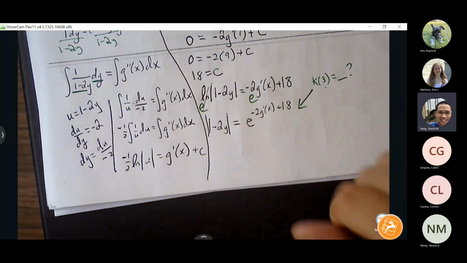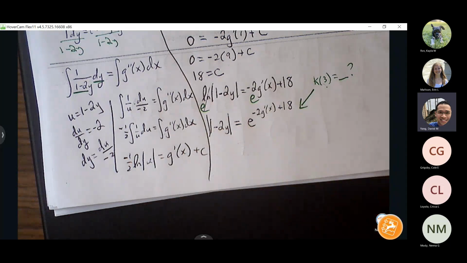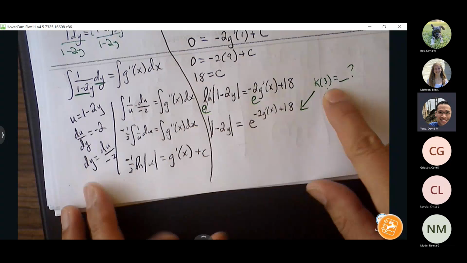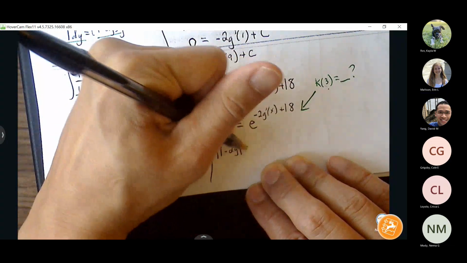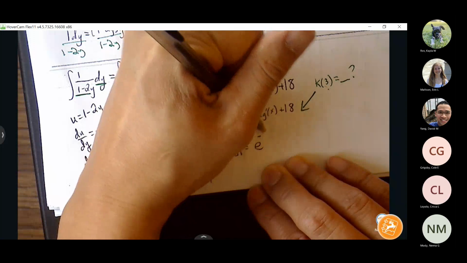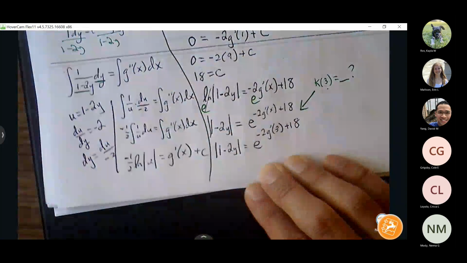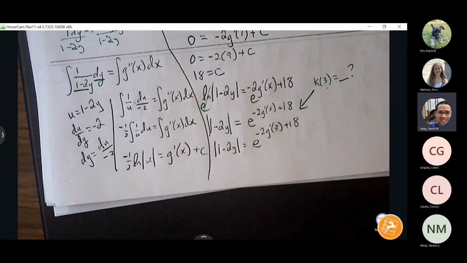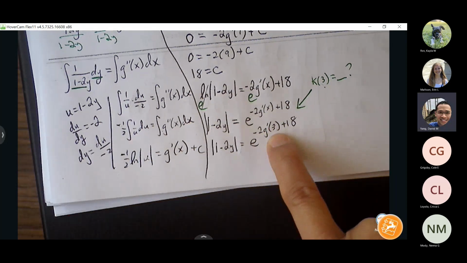So I'm just going to jump ahead and solve for a particular ordered pair at this point. Okay, so 3 goes in for x. So now I'm looking for a numeric value. I'm no longer worried about trying to get that y by itself. Okay, g prime of 3 is 7. Negative 2 times 7 is negative 14.